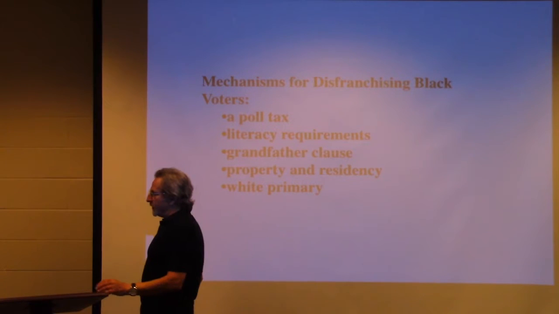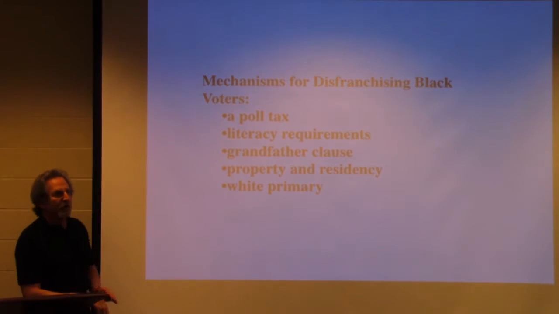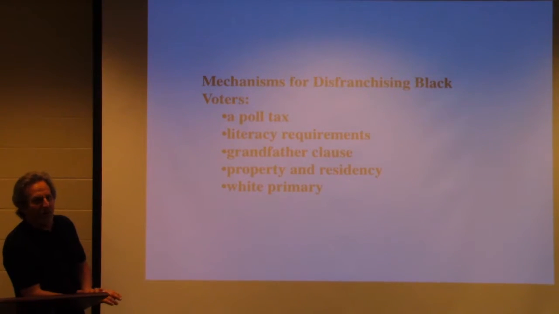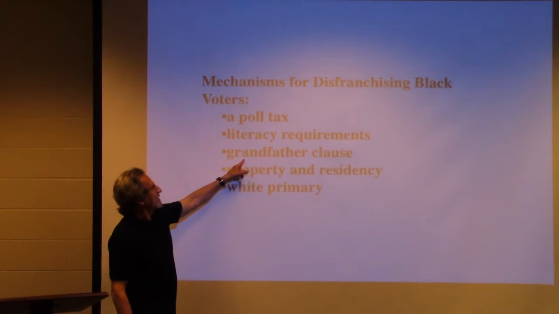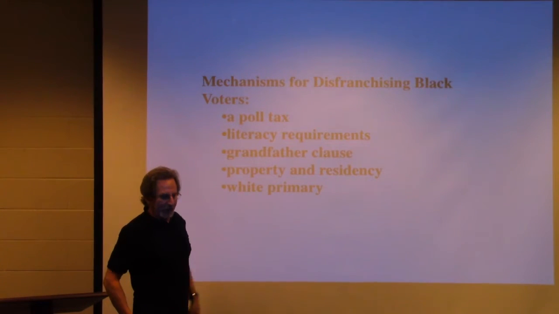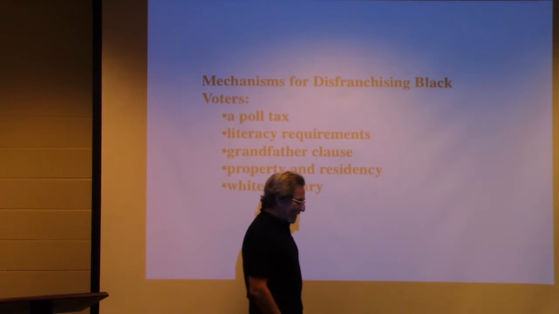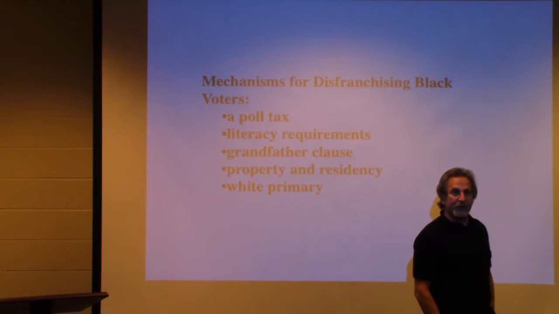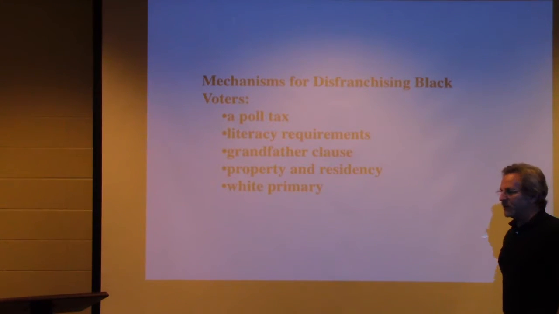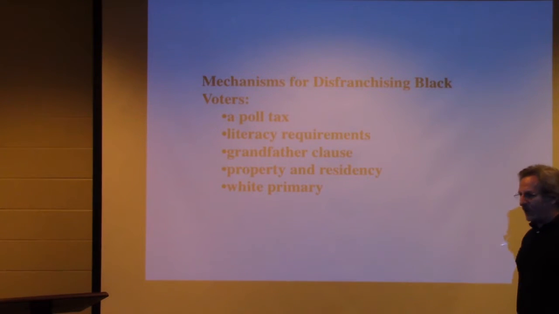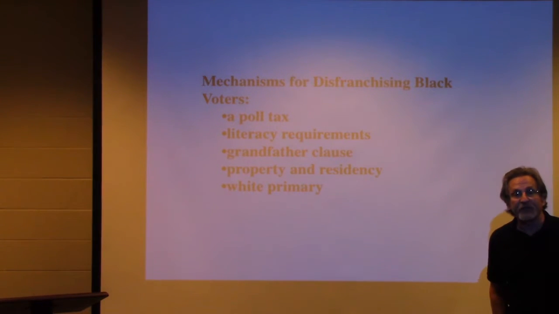And so the South, in order to assure the right of poor, illiterate whites to vote, passes a grandfather clause. And the grandfather clause says this: if your father or grandfather voted in an election prior to 1865, you don't need to pass the literacy test.